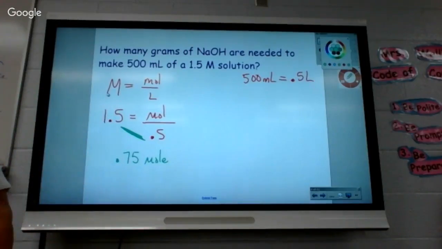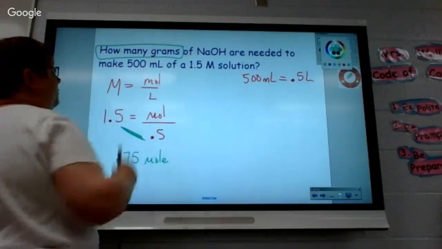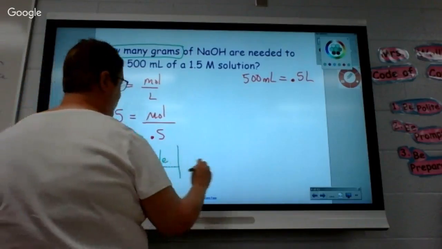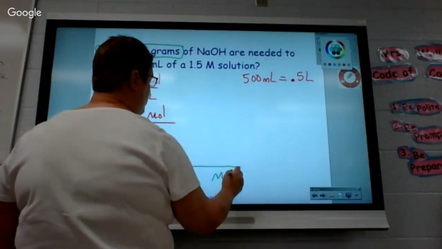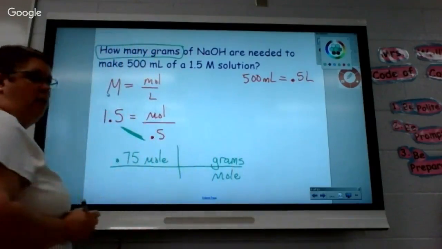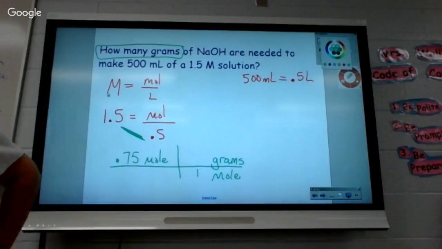All right, now, some people will stop there on the benchmark or the exam, and they're going to have that answer. But is that going to be a mass or grams? No. What do you have to do from that point? Convert it. So you've got to go moles to grams. So what goes beside moles? And where am I going to get my grams from? What am I going to use in the question?